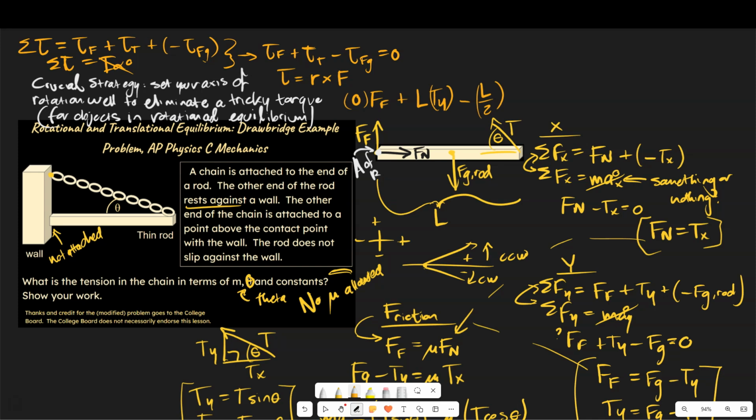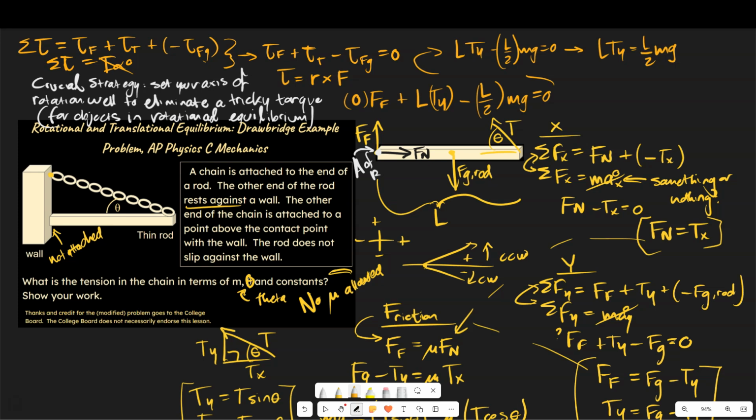And this we're going to say is the force due to gravity, which is just mg. So all of that is equal to 0. In terms of saving space, I'm going to write this up here. I can say L times Ty minus L over 2 times mg is equal to 0. So therefore, L times Ty is equal to L over 2 times mg.